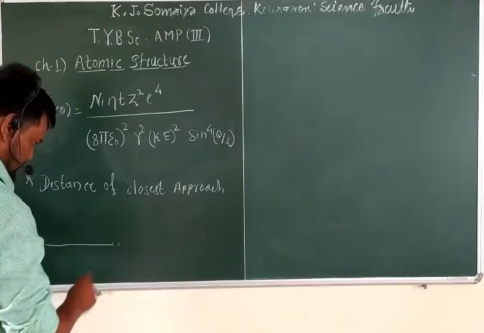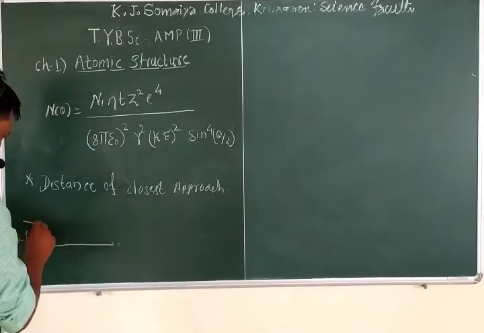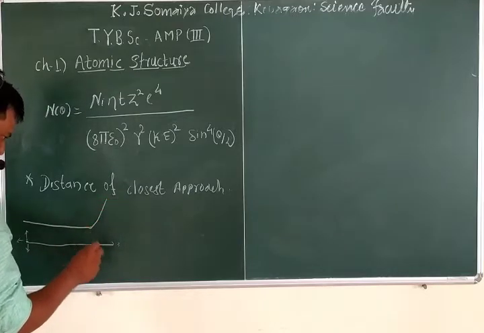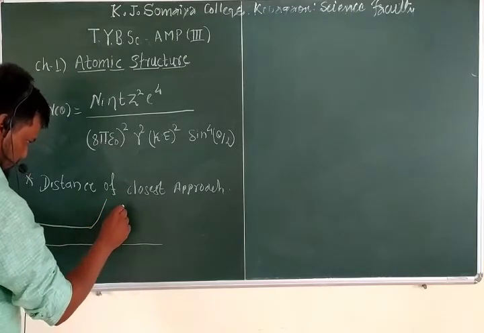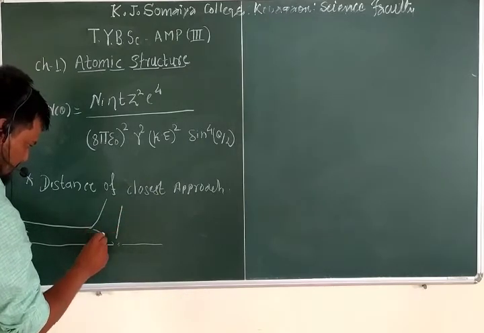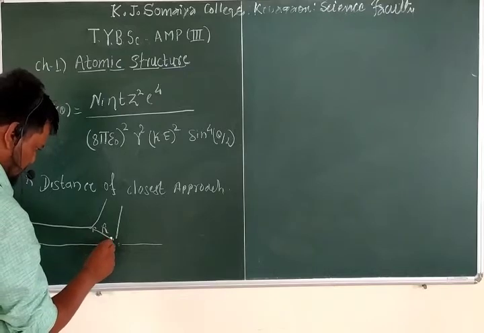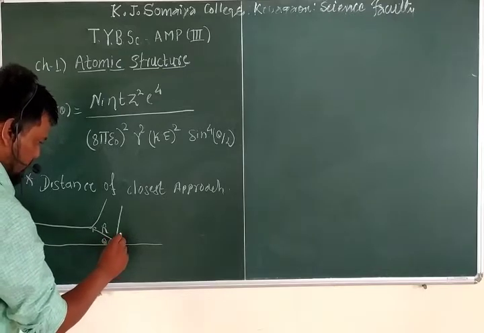Before reaching the nucleus, the alpha particle is deviated by 180 degrees. This is the closest distance r, and this is the scattering angle theta.